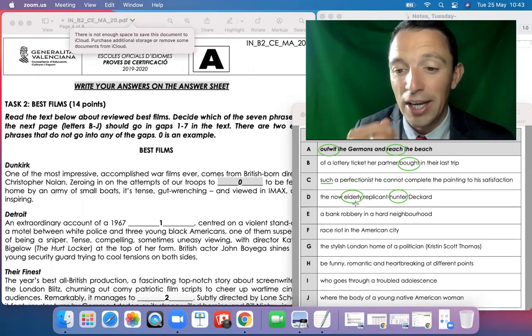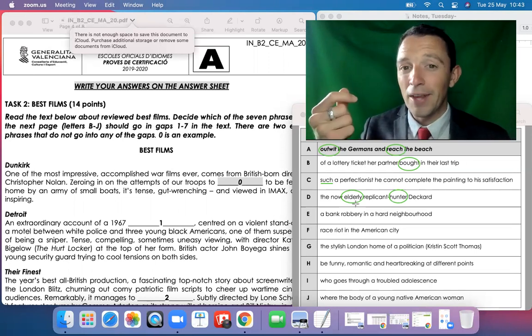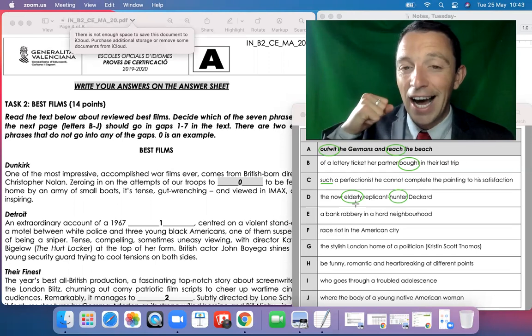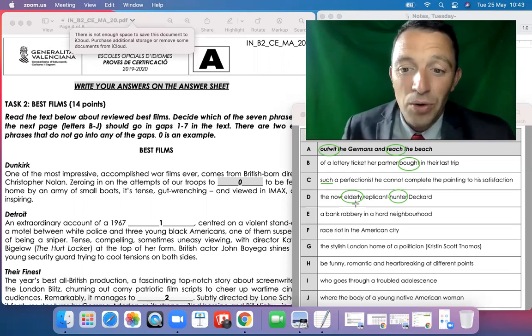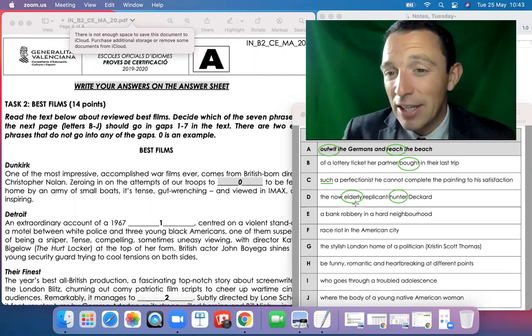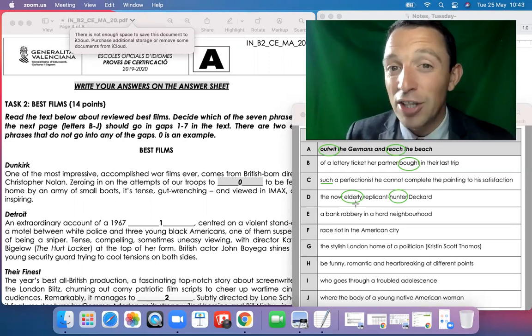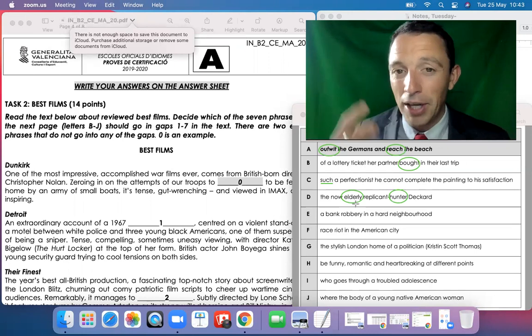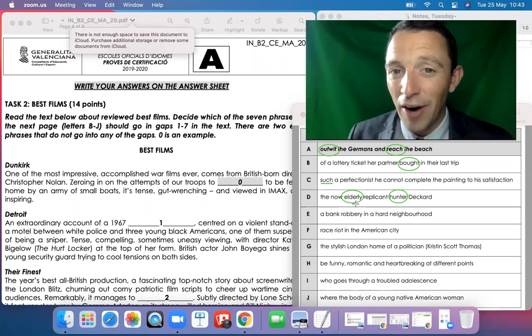And in this situation, also a hunter is from the verb to hunt, which is cazar in Español, and the person is a hunter. So he's hunting the replicant, but probably in the paragraph we need to try and find the connection. So it's important to remember the options and try to find the correct clue and the correct connection in each paragraph.